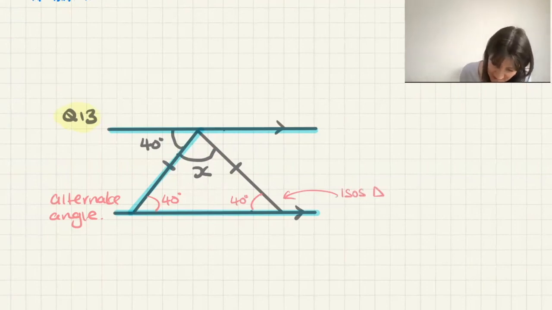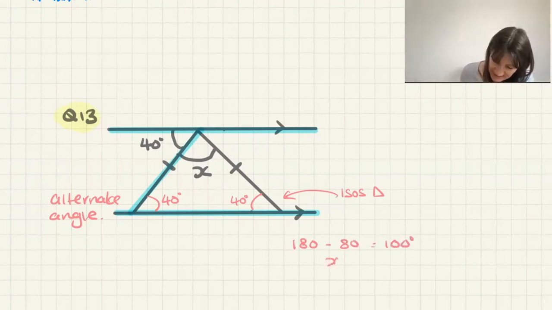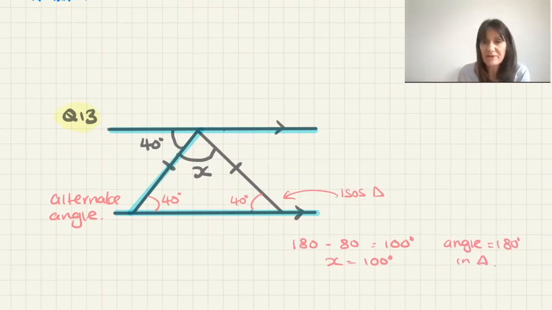Now, X is going to equal 180, take away 40 plus 40, which is 80. That's going to give us 100. So X is equal to 100, and I used angles equal 180 degrees in a triangle to finish it off.